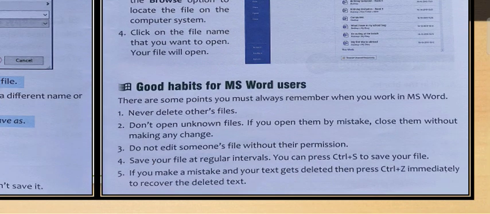Next are good habits for an MS Word user. There are some points you must always remember when you work in MS Word 2016. Never delete others' files. Don't open unknown files. If you open them by mistake, close them without making any type of changes. Do not edit someone's files without their permission. Save your file at regular intervals. You can press Ctrl S to save your file.